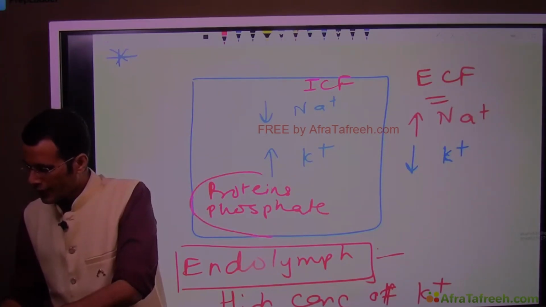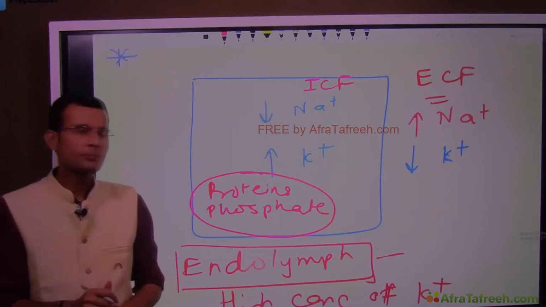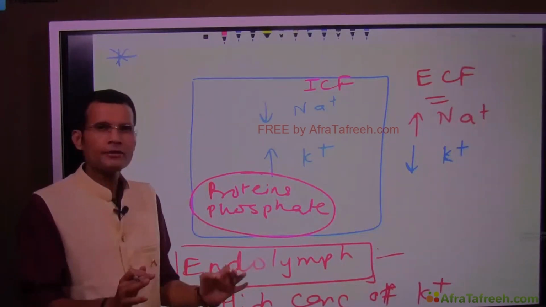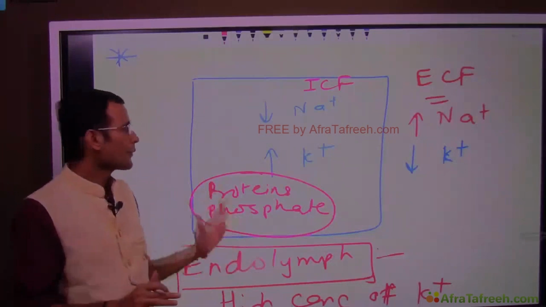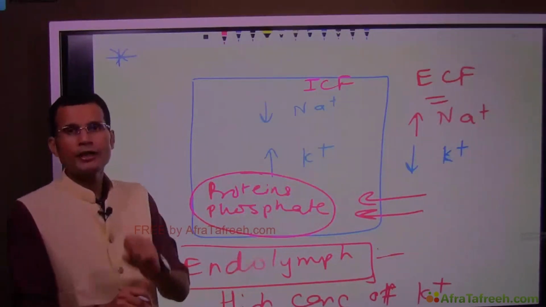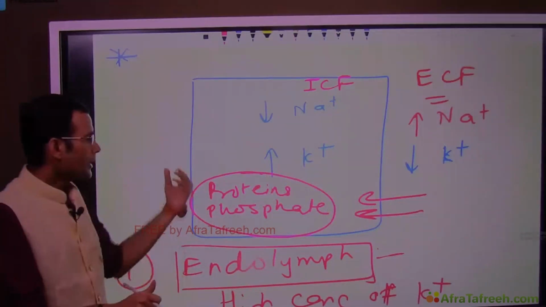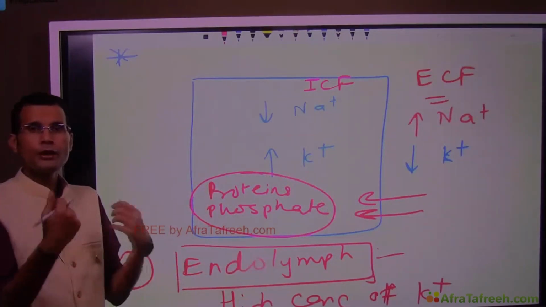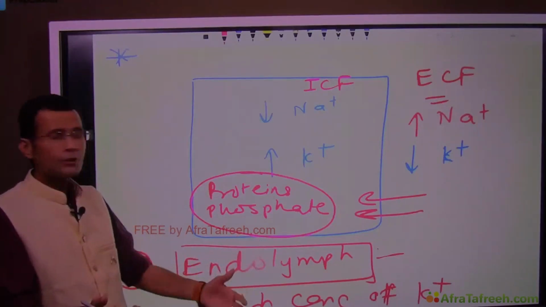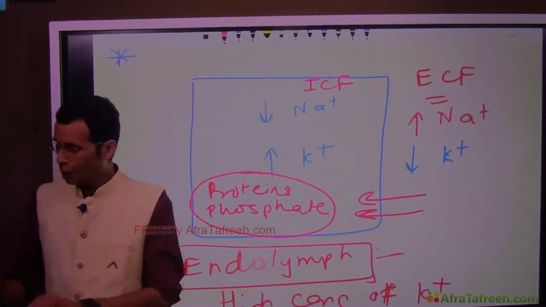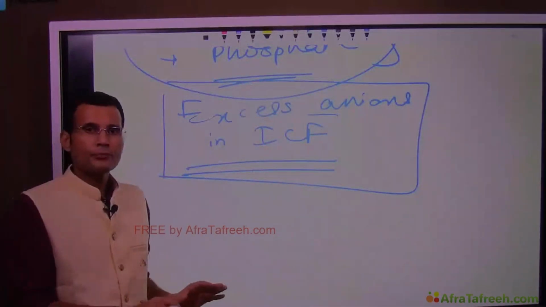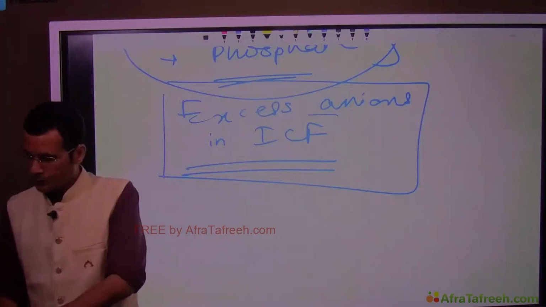So excess anions is our starting point because they cannot diffuse through the membrane. So what is happening in every cell and continuously is, cations are being pulled into the cell towards these anions because there are excess anions. Electroneutrality should be maintained, so an equal number of cations also should come in. Which is that cation that is being pulled in?